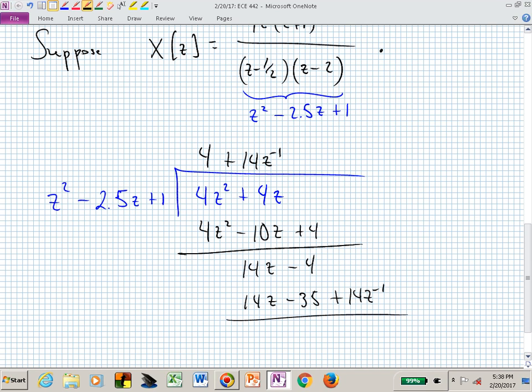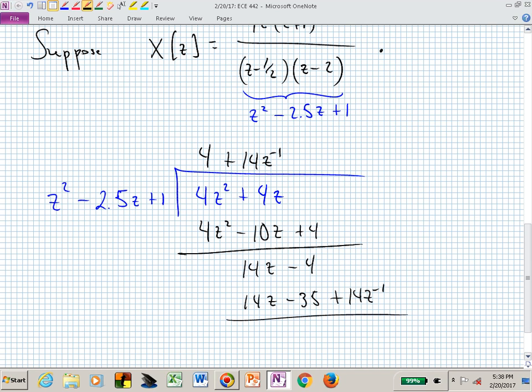So where did the negative power of z come from? Now I'm trying to find a quantity in that second term in the numerator that when multiplied by the denominator, z squared, I end up with 14z. I now want to take something times z squared and end up with 14z.